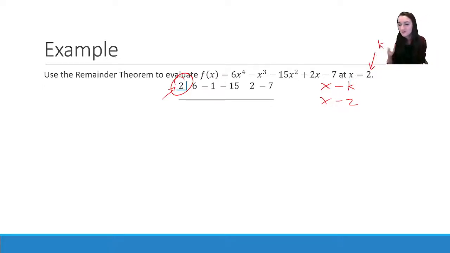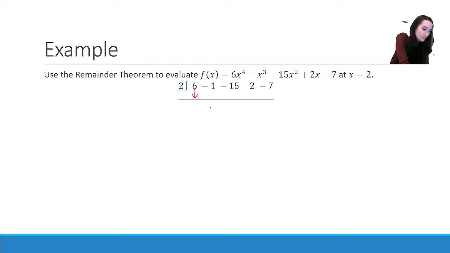That can get a little bit confusing, but you are placing the original k value of 2 into that corner term. So now we go through our synthetic division. Remember, first we start by bringing down the 6. Then we multiply the 6 by 2. 6 times 2 is 12. Then we add, so I get 11.